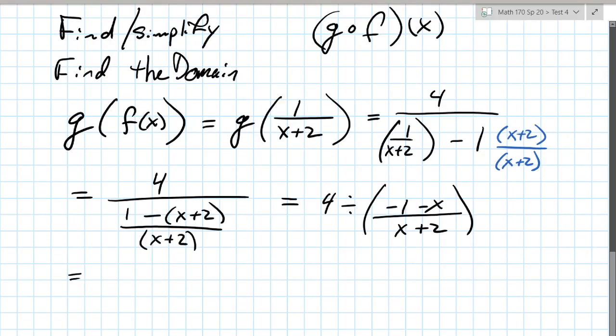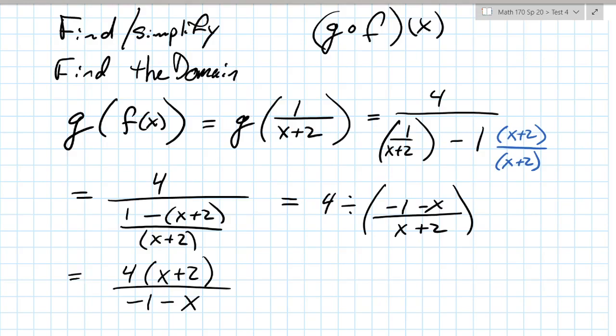So this leaves us with 4 times x plus 2 divided by negative x minus 1. Alright, so we have found and we have simplified g of f of x. So we want our domain next.